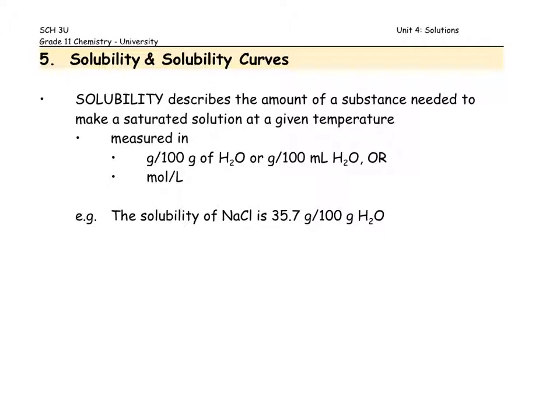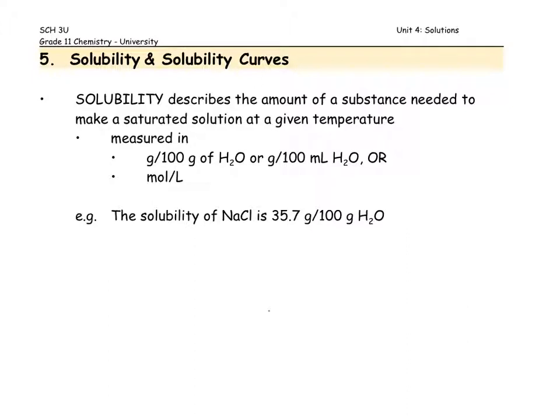So if I had a different amount of water, let's say I had 200 grams, how much sodium chloride could I dissolve in 200 grams? Well, 2 times 35.7 grams per 200 grams, and so on and so forth.